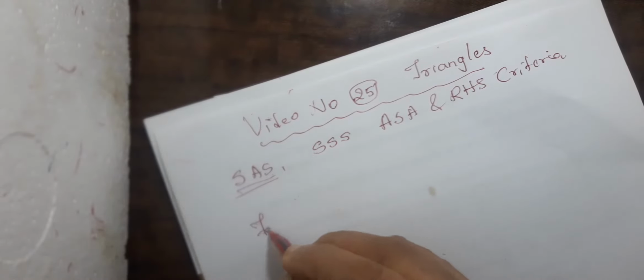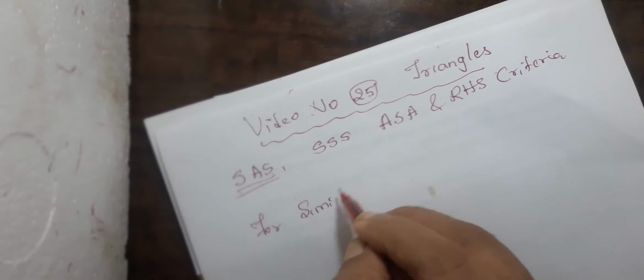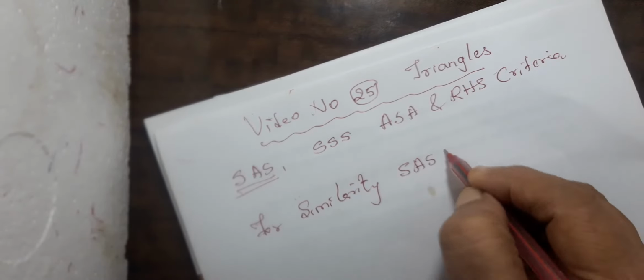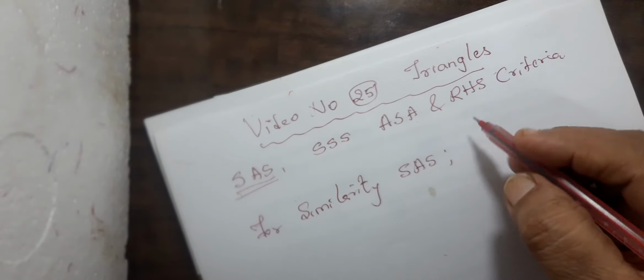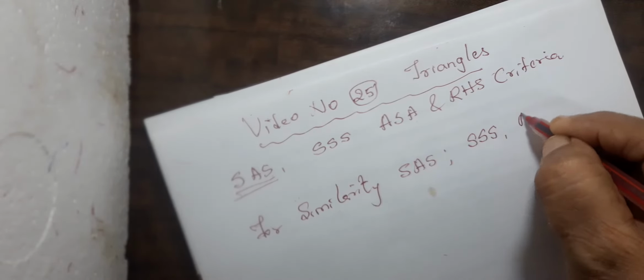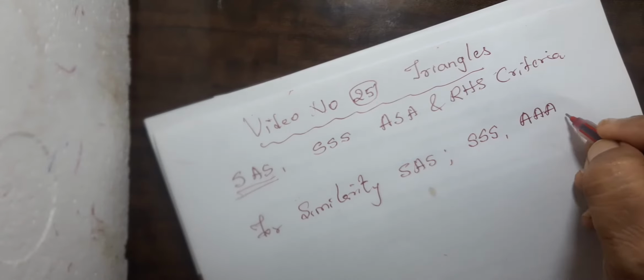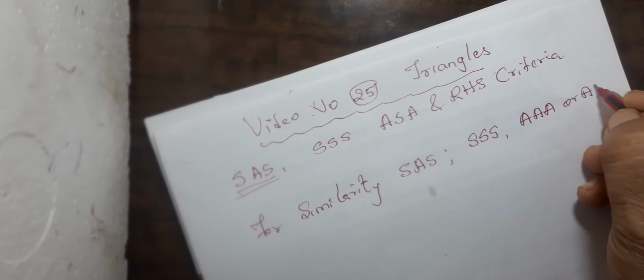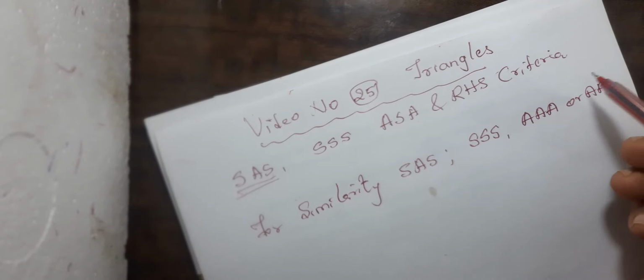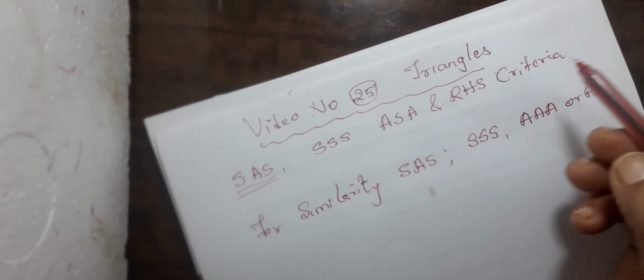For similarity, we consider SAS, SSS and AAA, or it is AA, I have told you. We don't mention all the other ones. Two angles and one side, no, we don't have all that.